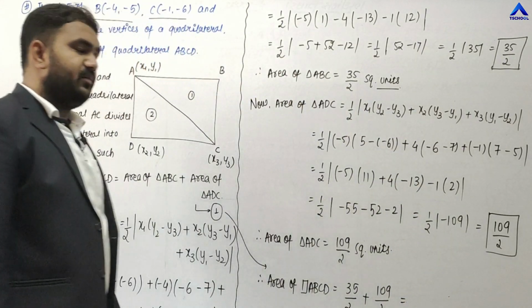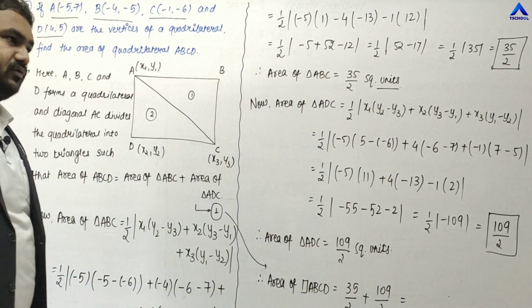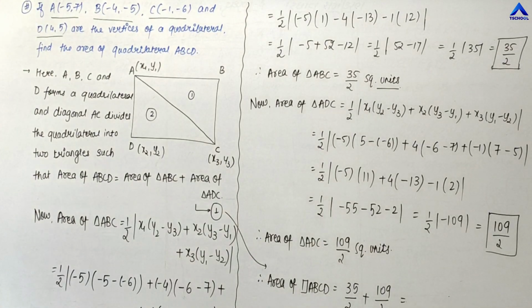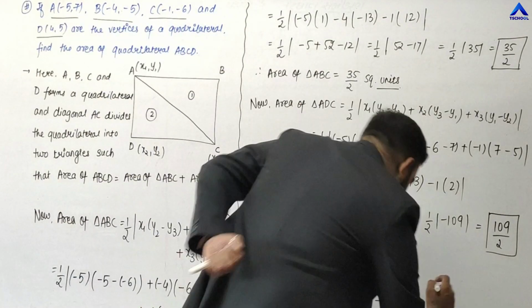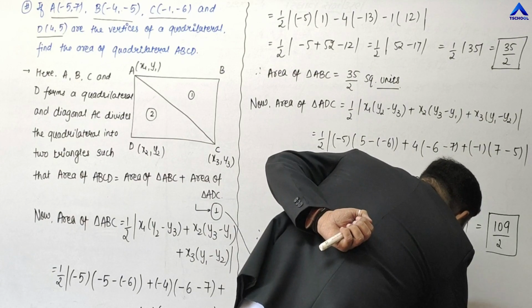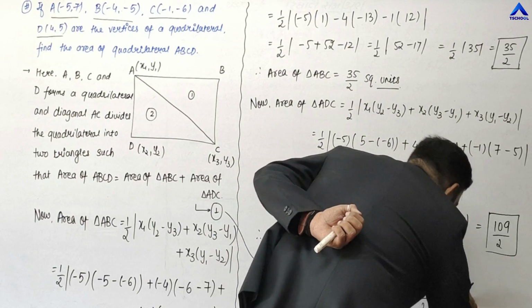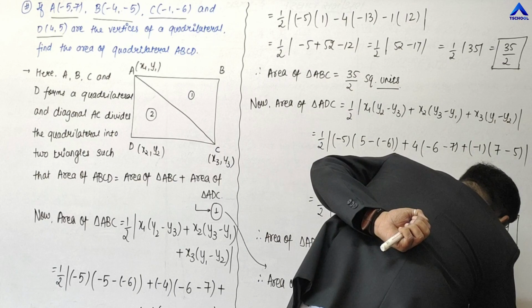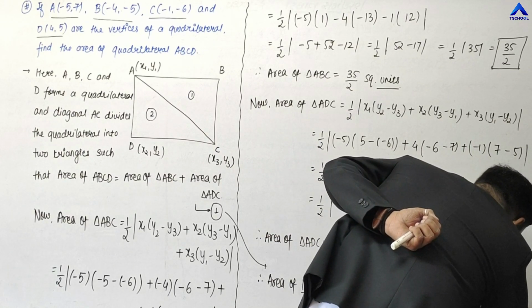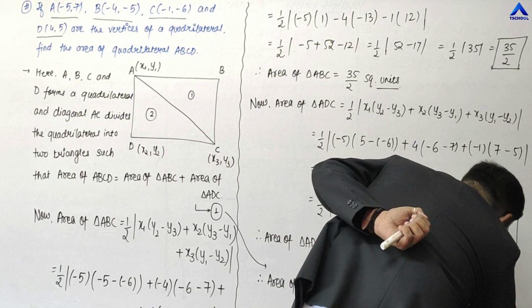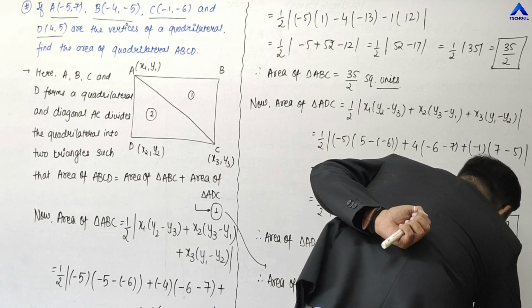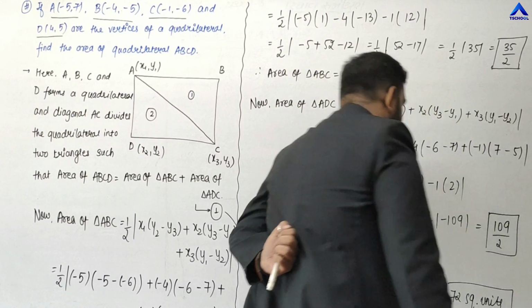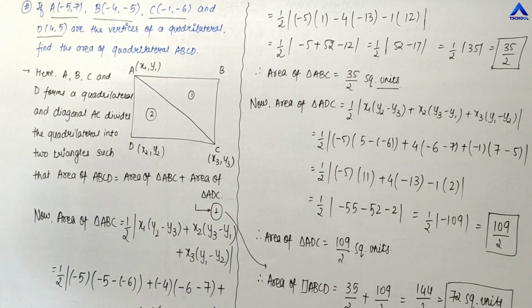So what is 35 plus 109? 144, right? 144 by 2, and which is equals to 72 square units, right? So the area of this quadrilateral is 72 square units.